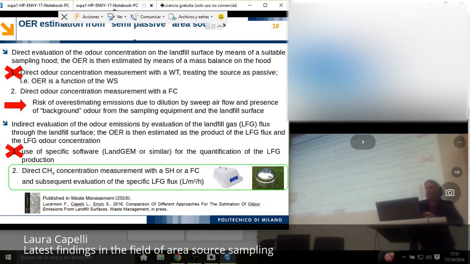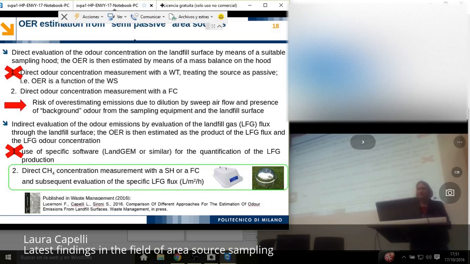So the first idea was, okay, let's try to use what we usually do on passive area sources, which is the wind tunnel. So we tried out that, and what turned out is that we were terribly overestimating emissions. So this approach was considered as not suitable for this specific case.